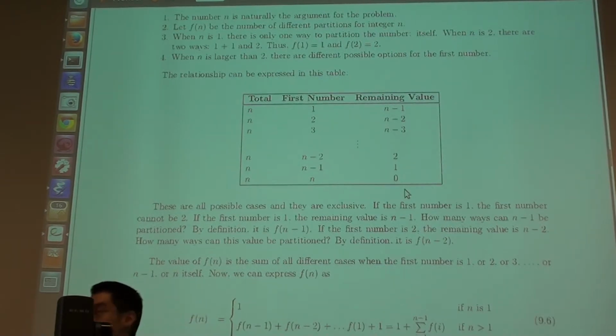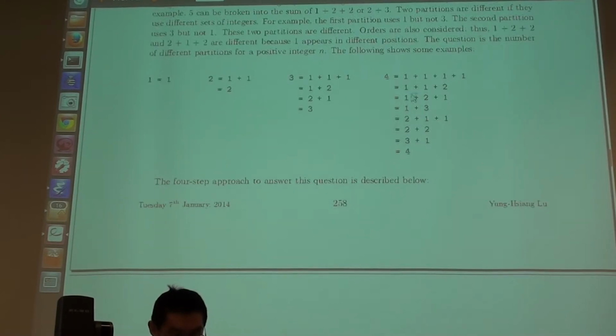So suppose I want to partition n. I worry about the very first number. The first number can be 1, 2, 3, and so on to n. Do you agree? But what is the first number? If I want to partition 4, the first number can be 1, the first number can be 2, the first number can be 3, and the first number can be 4.